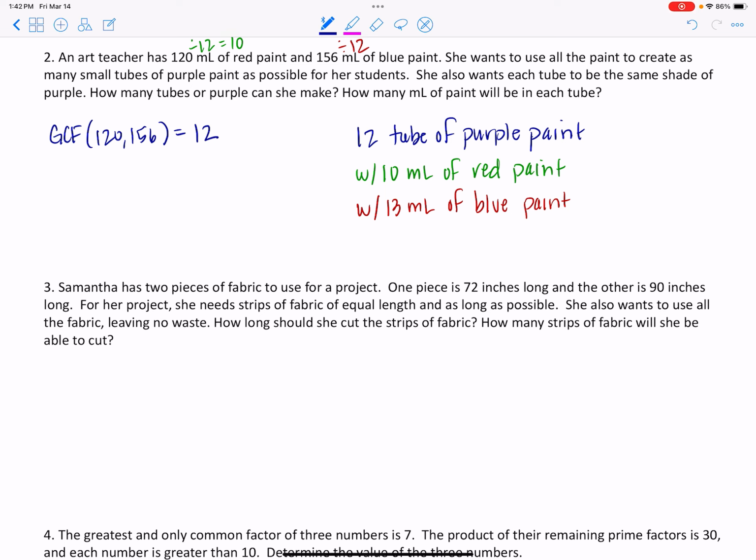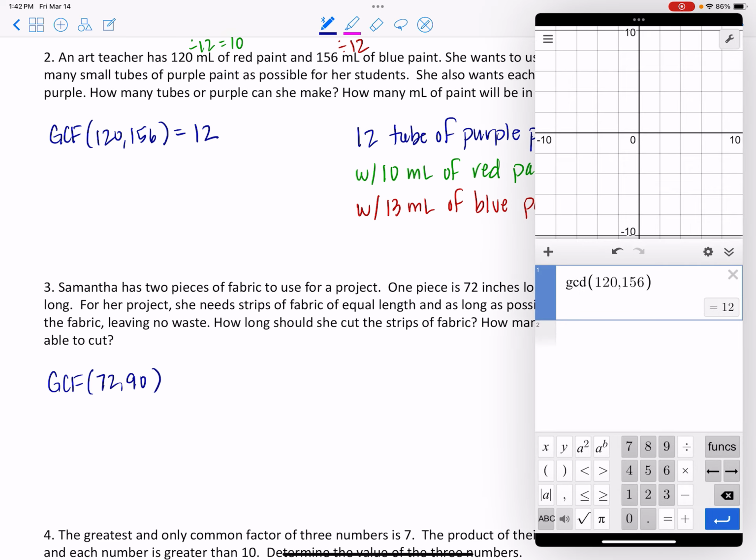So again, you're dividing this fabric into smaller pieces. Let's find the greatest common factor for the 72 and the 90. Again, if you could see it, awesome. If you need your calculator, that's totally okay too. So for 72 and 90, it's going to be 18.